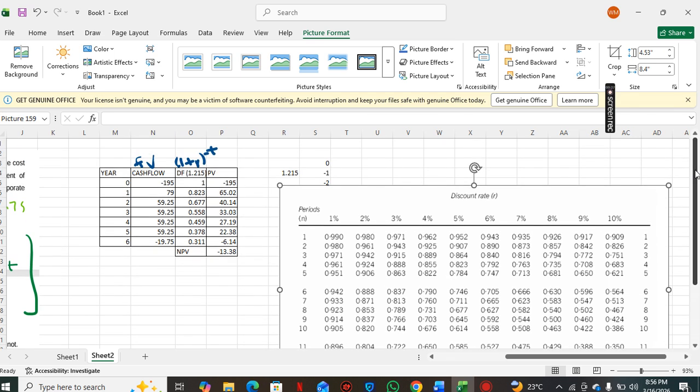So this is the point I need you to remember. Please write this down, colleagues, so that in the exam you don't forget this.